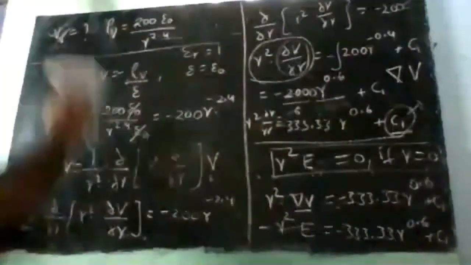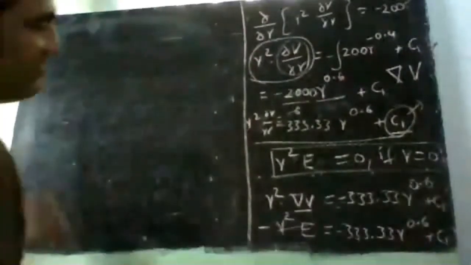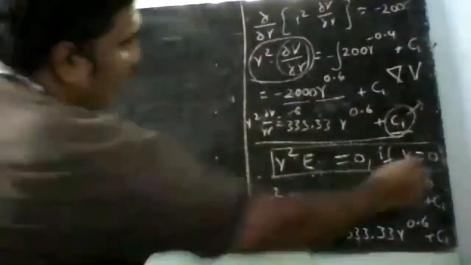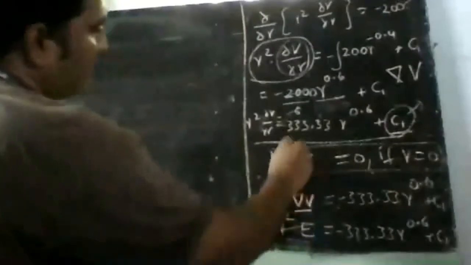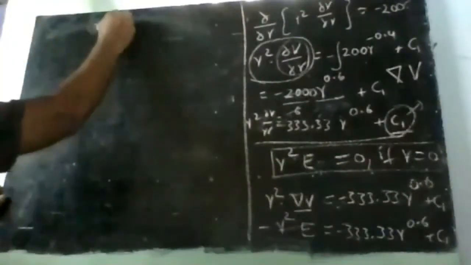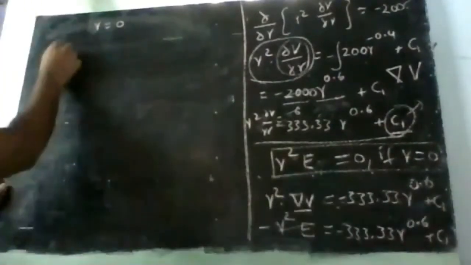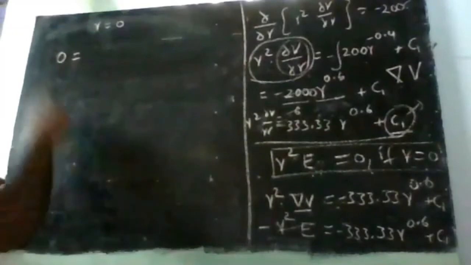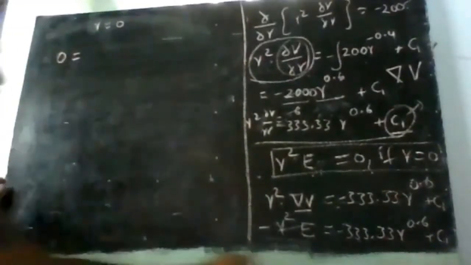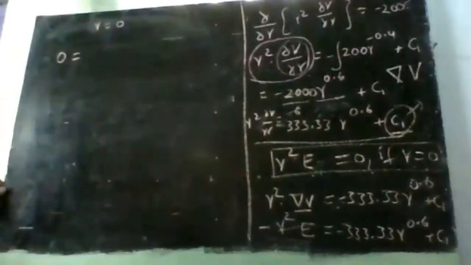Okay, right. Now we have been given the boundary condition that when R is equal to 0, R square into E bar will be 0. So substituting R equal to 0 in that equation, R square into E bar will be 0. So 0 is equal to, when I put R equal to 0 here, 0 power something is again 0, right?